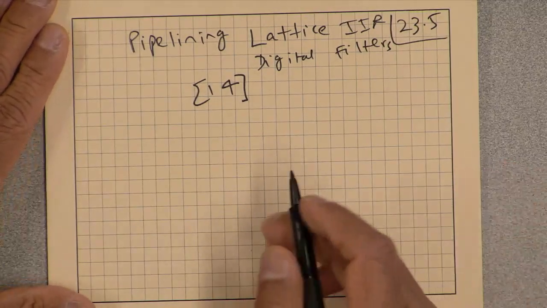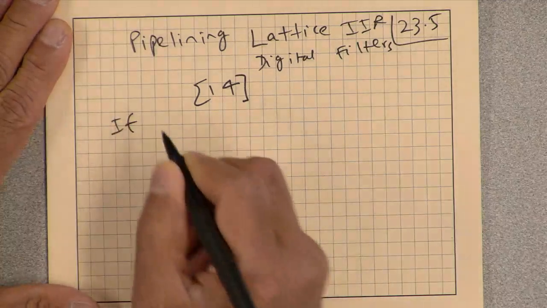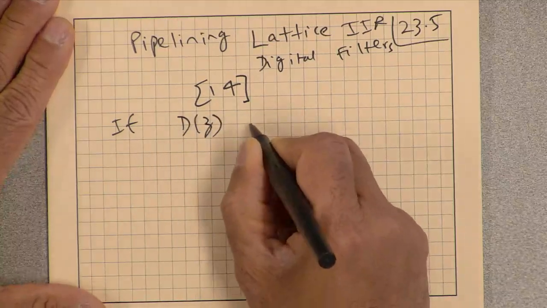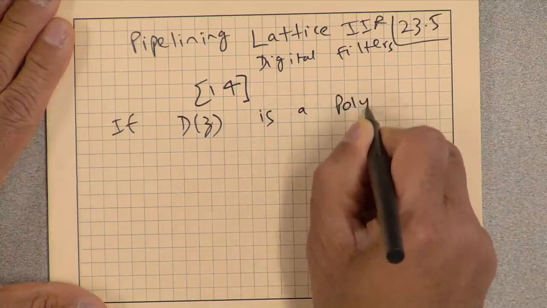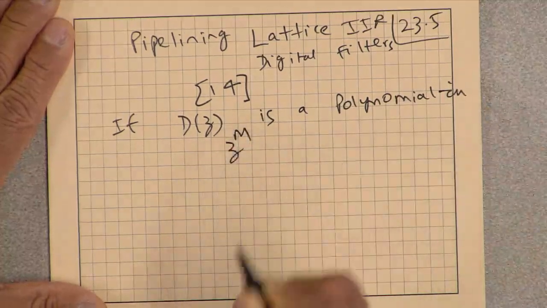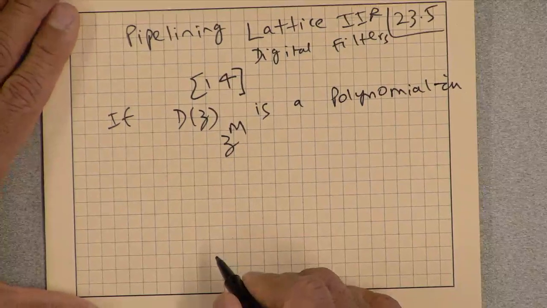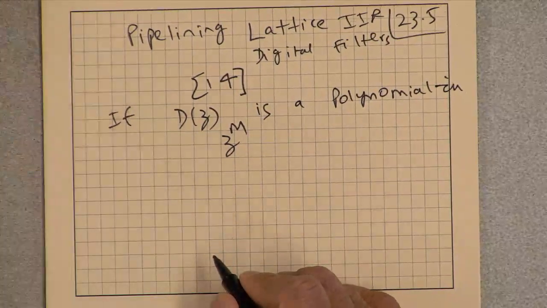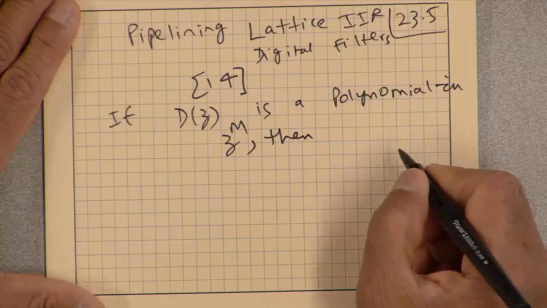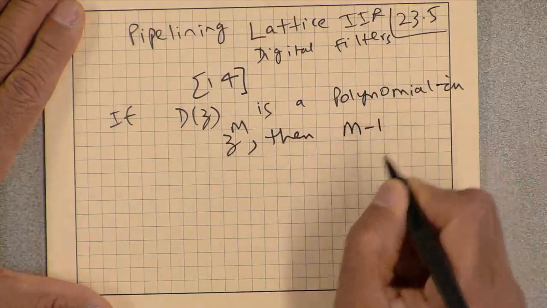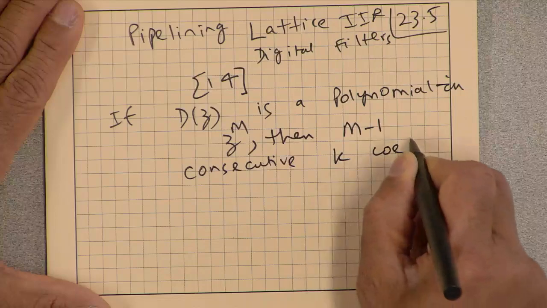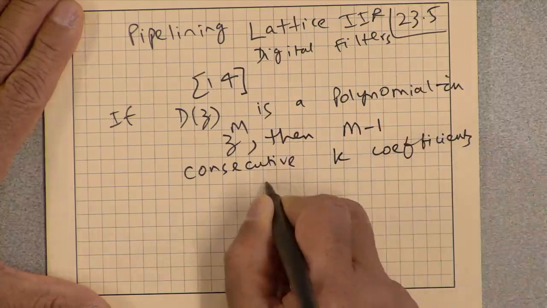And so the first observation is that if the denominator is a polynomial in z to power m, then, and this is the observation that Jin-Kyun made, the m minus 1 consecutive k coefficients are 0.